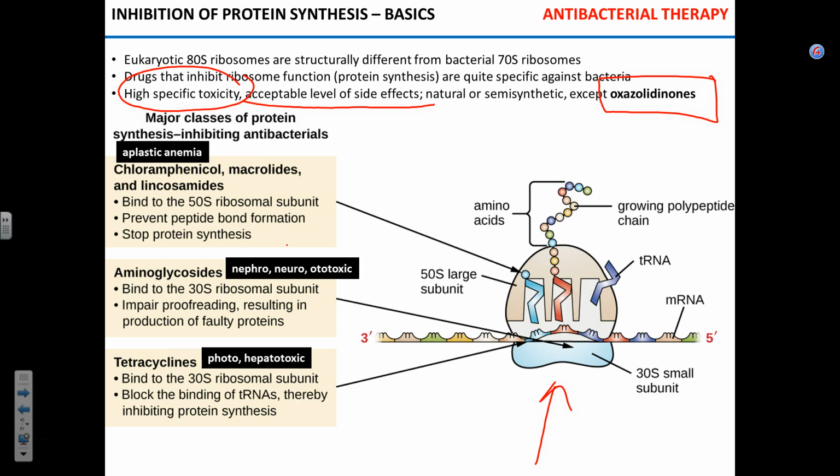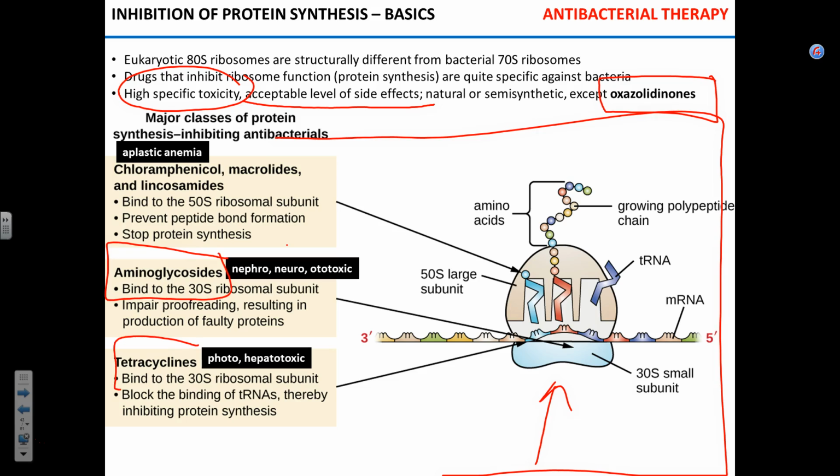Here you can see 5 classes. Oxazolidinones are not in this picture. So there are 6 major classes of the drugs that inhibit protein synthesis. Drugs such as aminoglycosides and tetracyclines bind to the 30S subunit of the ribosome.